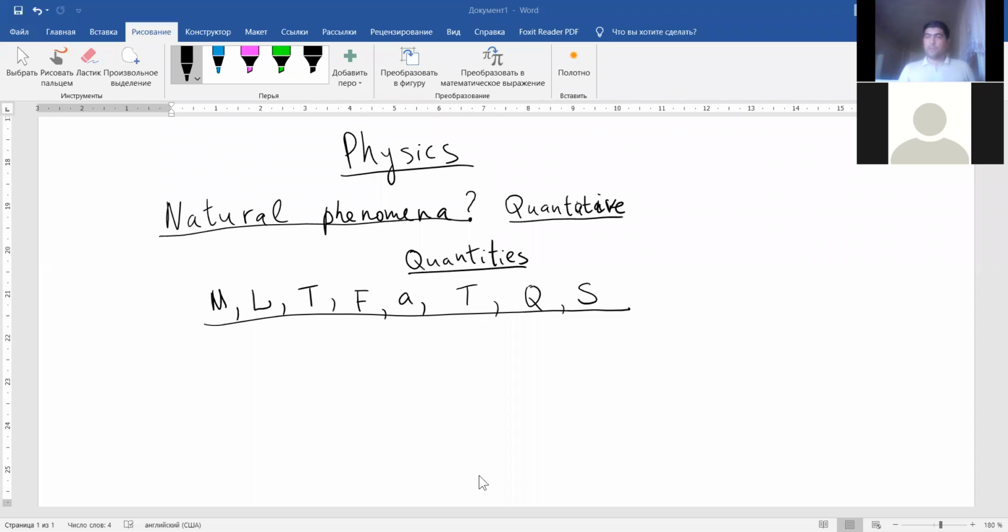But you can say the speed of falling doesn't depend on the mass of the body. So this is a qualitative description.